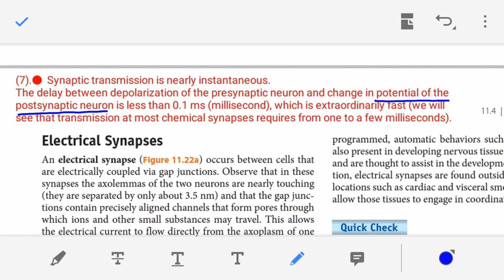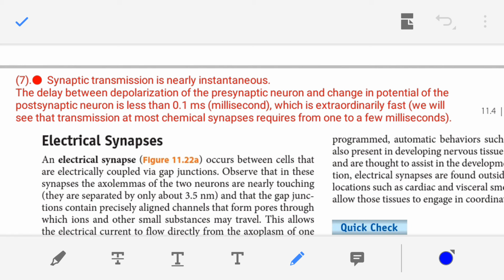Okay, so in all this activity, for depolarization of the presynaptic neuron and the potential change of the postsynaptic neuron, the time taken is very little, only 0.1 millisecond. So you can understand this is a very quick movement.